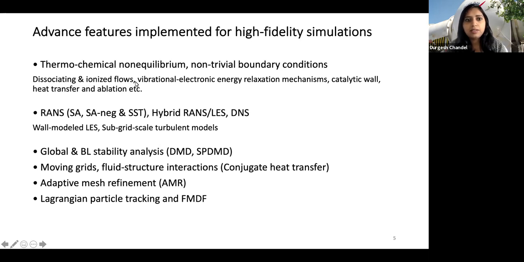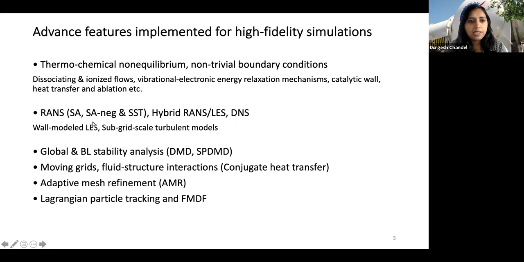Because the code is developed as a joint collaboration between NASA and Minnesota, we have the chemistry files for almost all gases and whatever database is available in the literature. There has been development on vibrational and electronic energy relaxation mechanisms, catalytic wall boundary conditions, heat transfer and ablation, etc. For these, especially the re-entry problems.